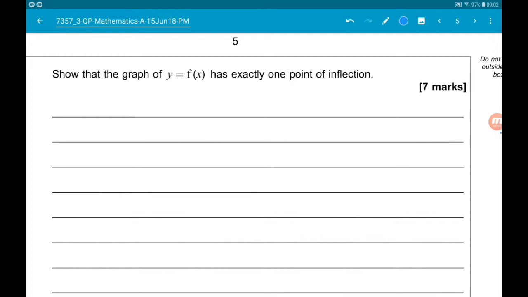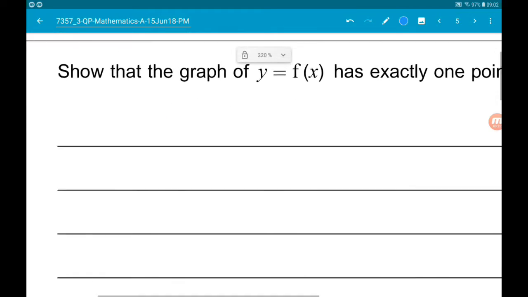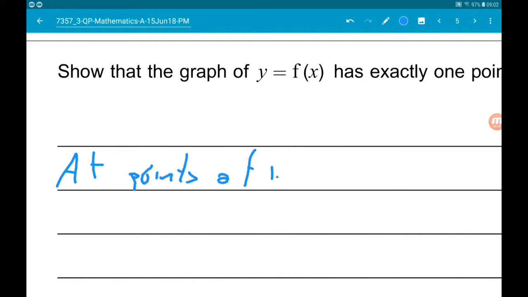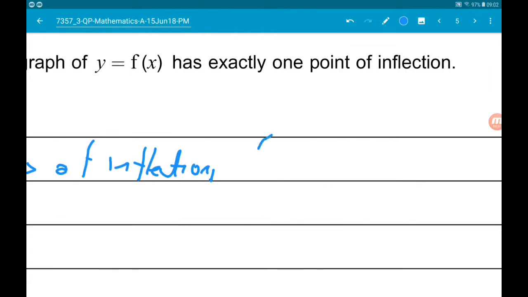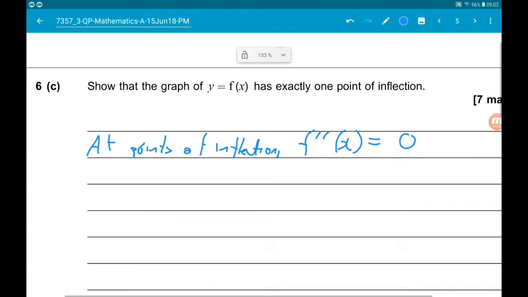So, at points of inflection, the second derivative is equal to 0. So we need to find the second derivative, set that equal to 0, solve for x.